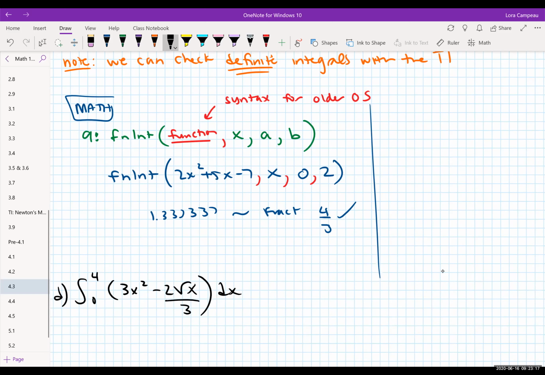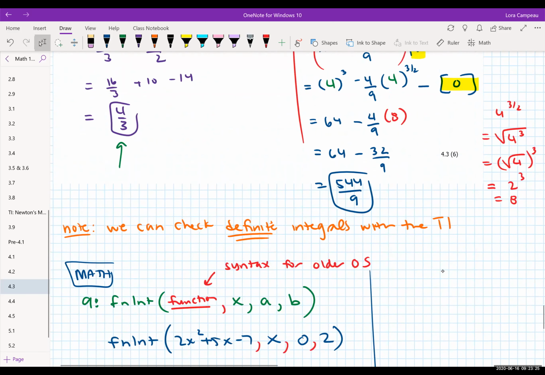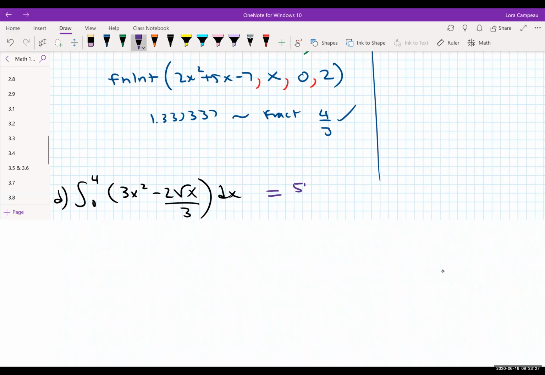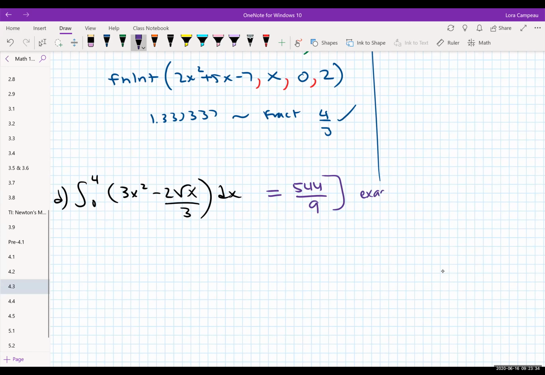I'm wondering what our TI gives us for this. What is it supposed to be? It's supposed to be 544 over 9. That's the exact answer from our fundamental theorem, FTC part 2.